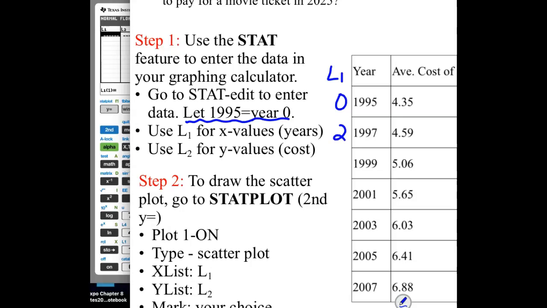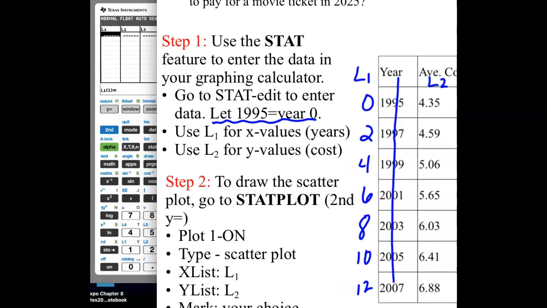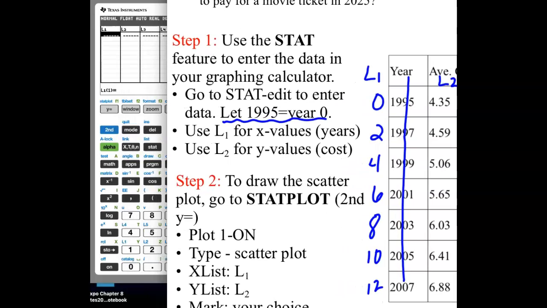And then 1999, 4. 2001 would be 6 years later, 2003, 8, 10, and 12. Yes? So we aren't going to enter the years. We're going to enter the 0 to 12. That will be our list 1. This will be our list 2. So we are going to enter that data onto our calculator here.